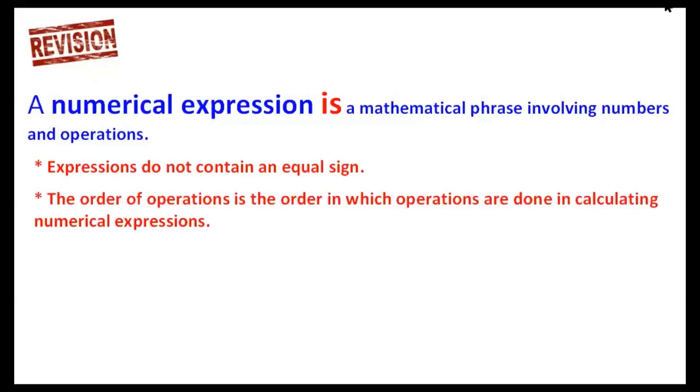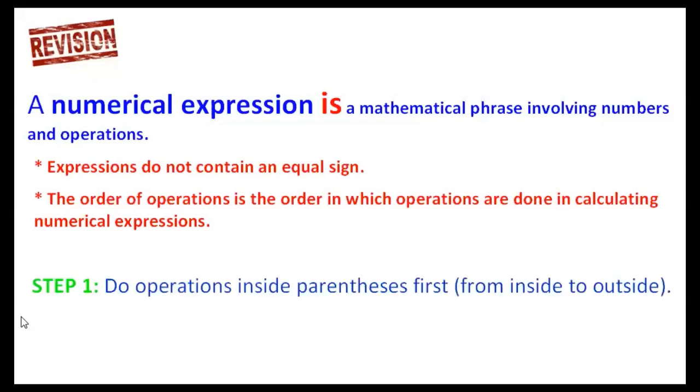When we have a mathematical phrase, there are different ways to solve it, and you may also get different final answers. So to get the same answer, we have to follow the order of operations.